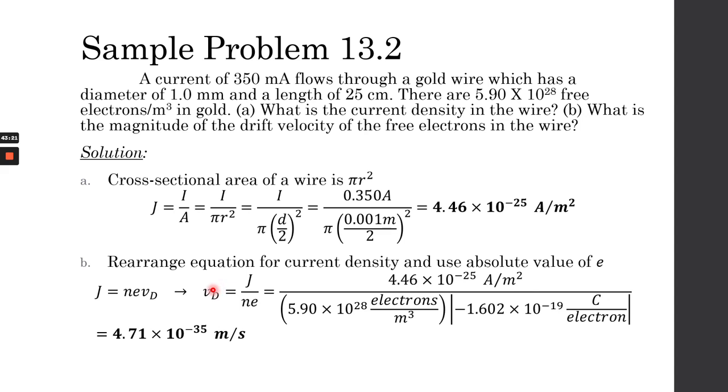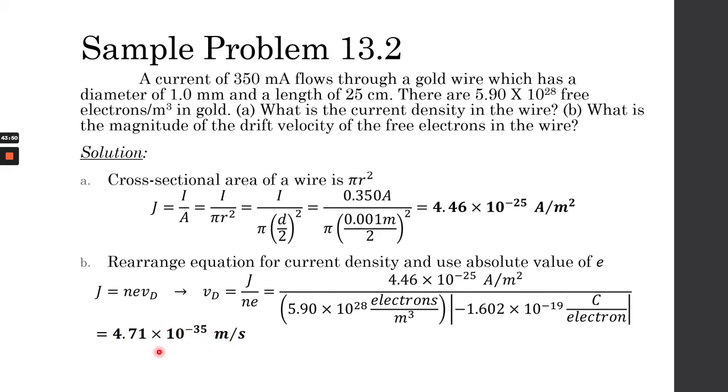But all of these electrons are going in one way, so we don't really need negative or positive. We don't need the direction because we know all of them are going in the same direction, so we can just use the absolute value of e. So J divided by n, this is given, and e is something that we should know. So we know that drift velocity is 4.71 times 10 raised to negative 35 meters per second.